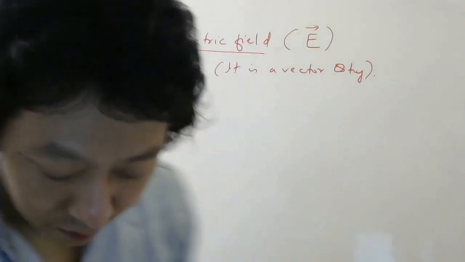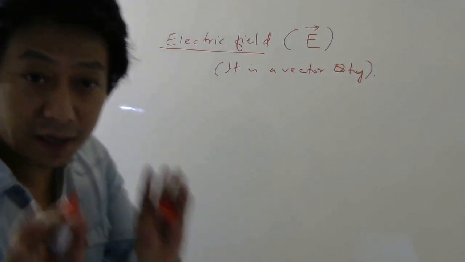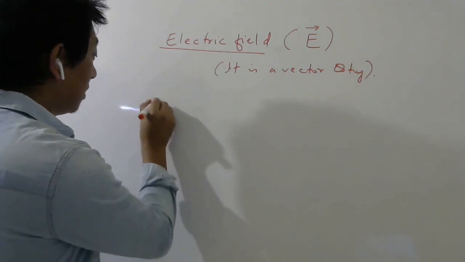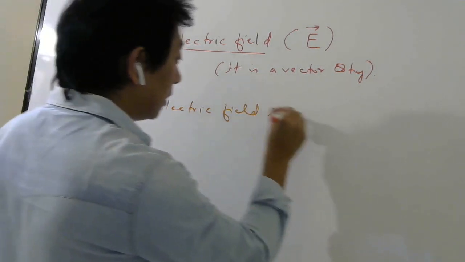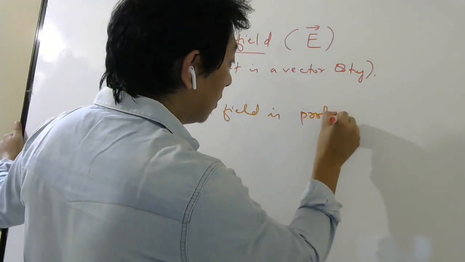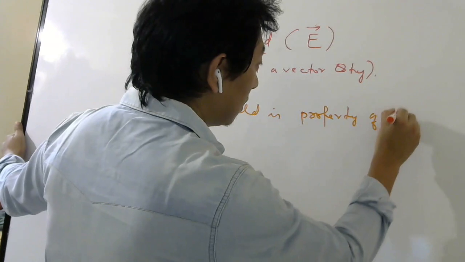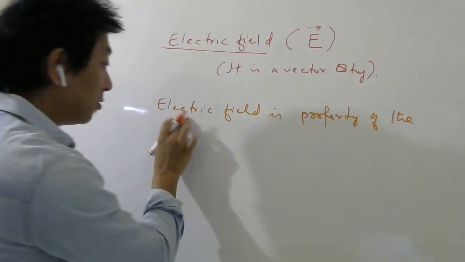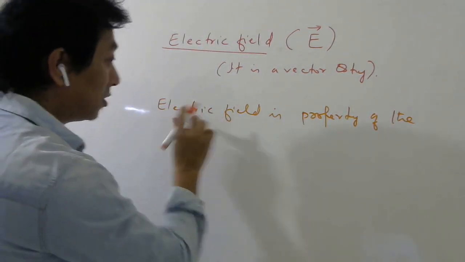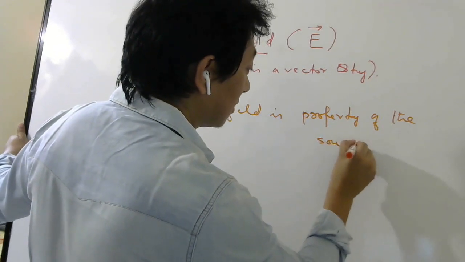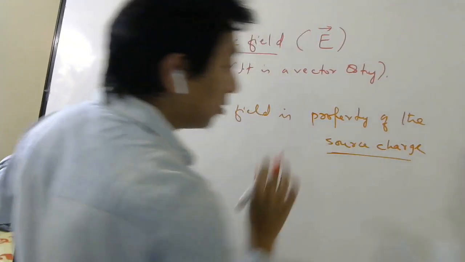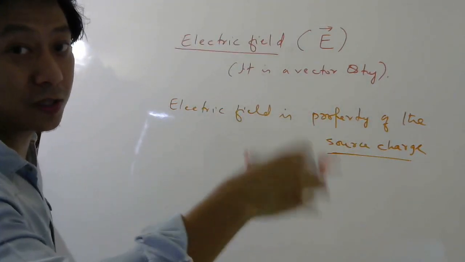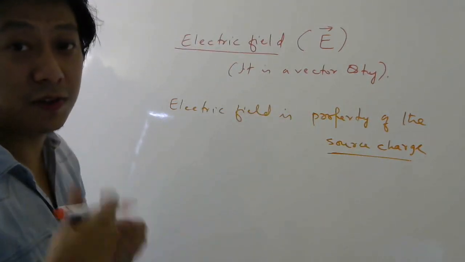One thing I think you have understood by now, and make a note: electric field is a property of the charge which produces it, and the charge which produces it is called the source charge. It does not depend on the other charge which you are keeping to feel the force.